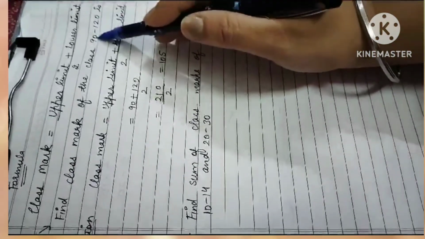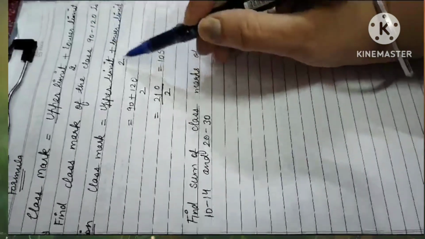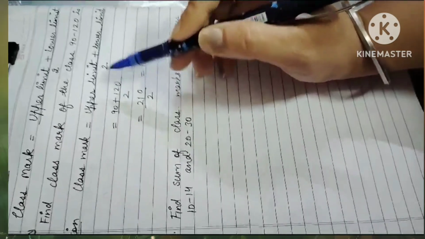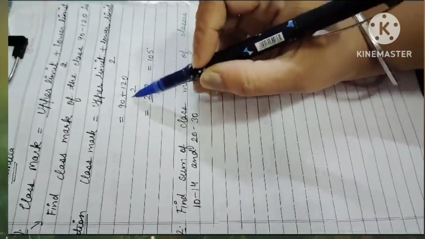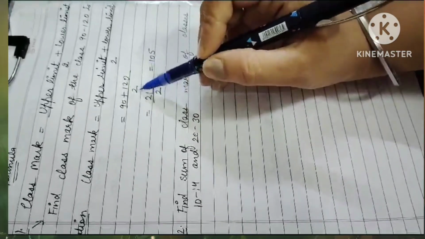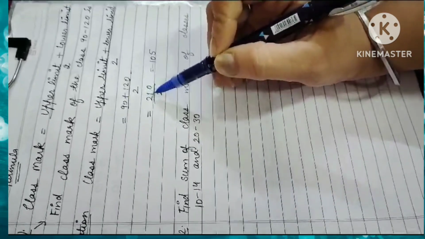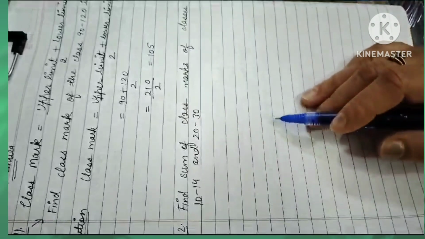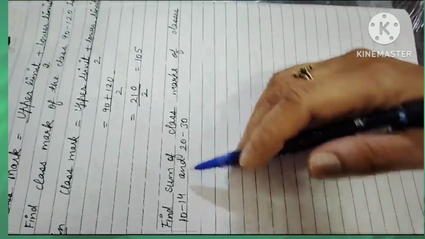In this, the lower limit is 90 and the upper limit is 120. So the formula is upper limit plus lower limit divided by 2. So 90 plus 120 upon 2. So this is 210 upon 2. This is 105.